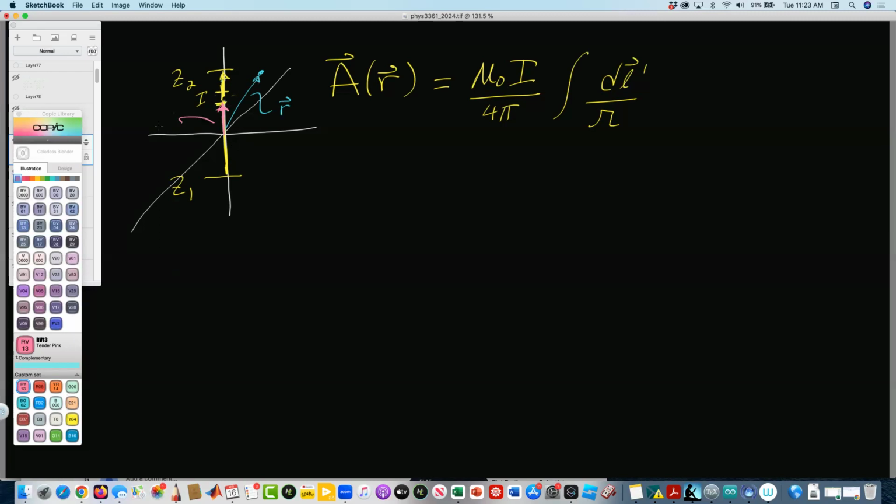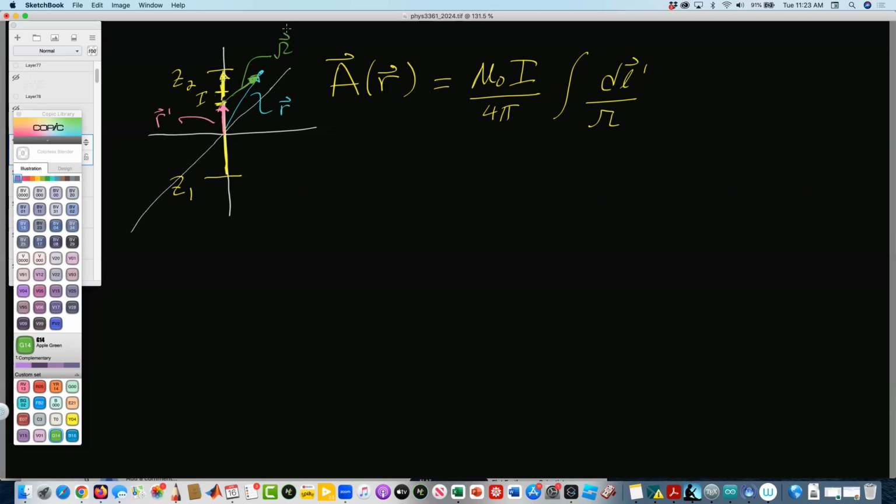That's in pink. And we'll have an omega, in green, going from here to here.